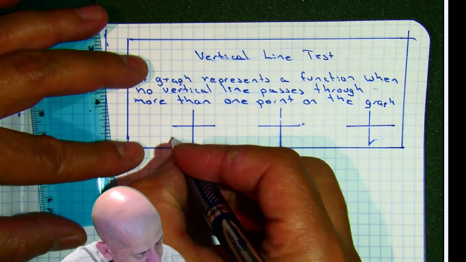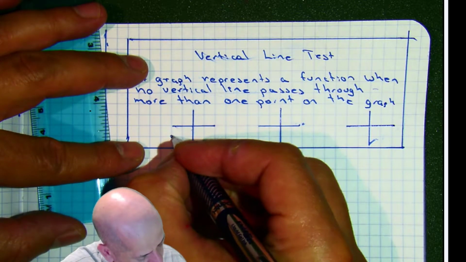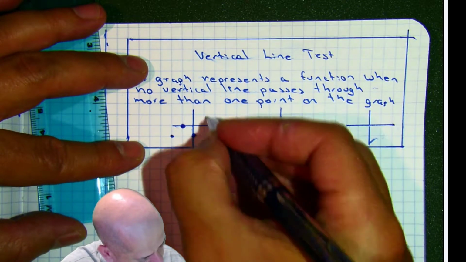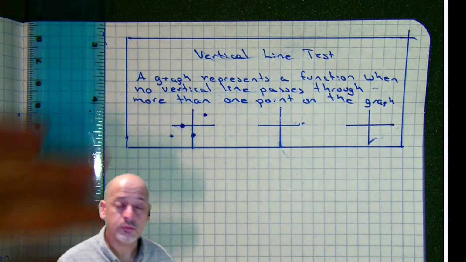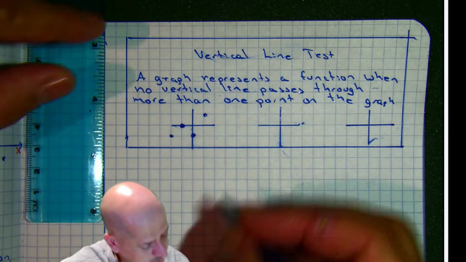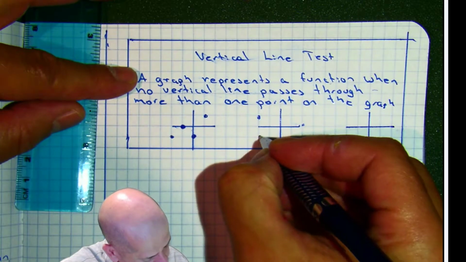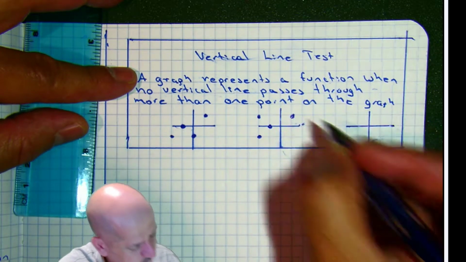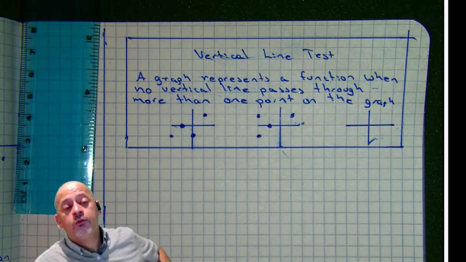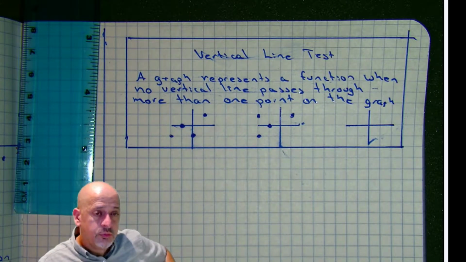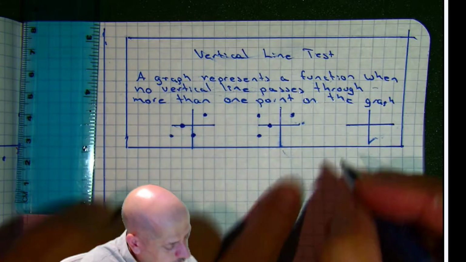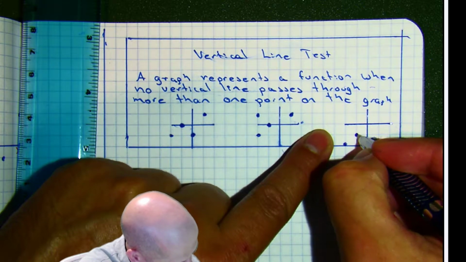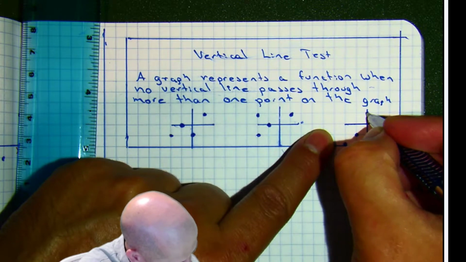I'm going to place 1 here, 1 here, 1 here, and 1 up here. On the next one, I'm going to place 2 points here, 1 here, and 1 up here. So on each one, we have 4 points. On the last one, I'll place 1 point down here, 1 point here, 1 point down here, and the other one down.